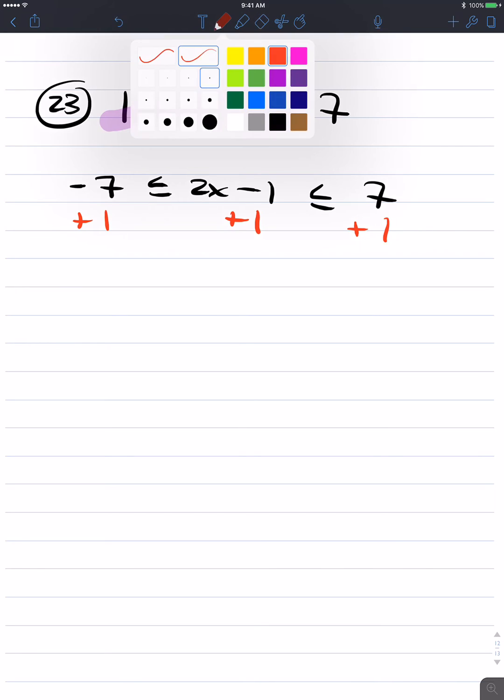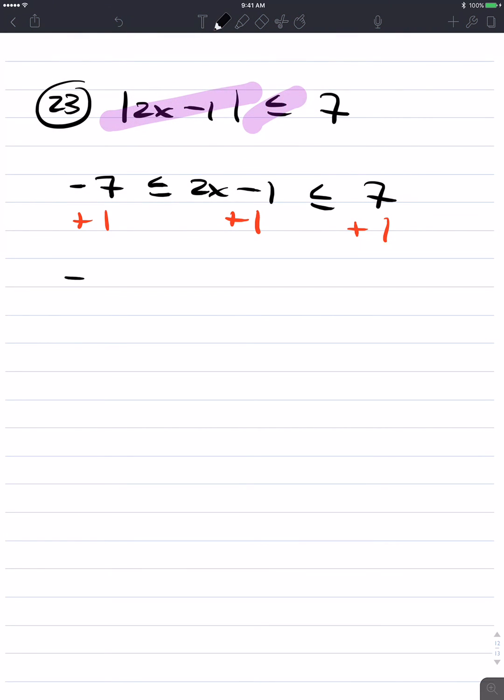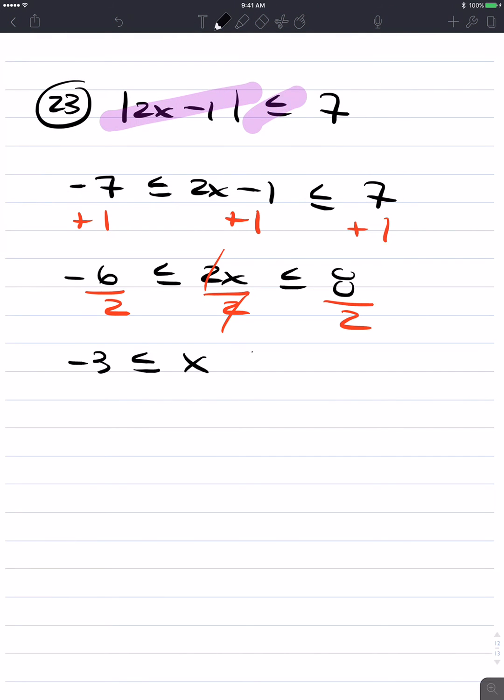We end up with negative 6 less than or equal to 2x less than or equal to 8. Divide both sides by 2 to solve for x, and the middle, divide by 2. We end up with negative 3 less than or equal to x less than or equal to 4. The between situation.